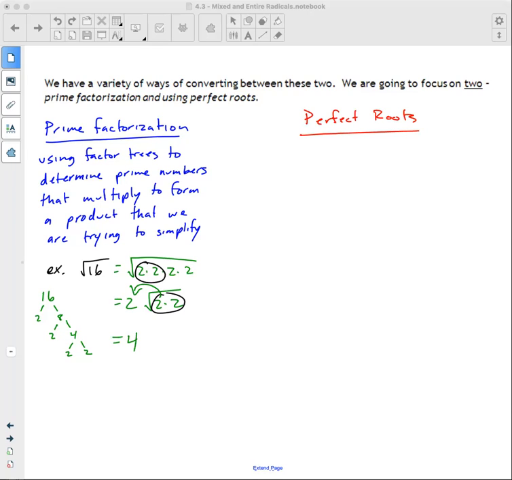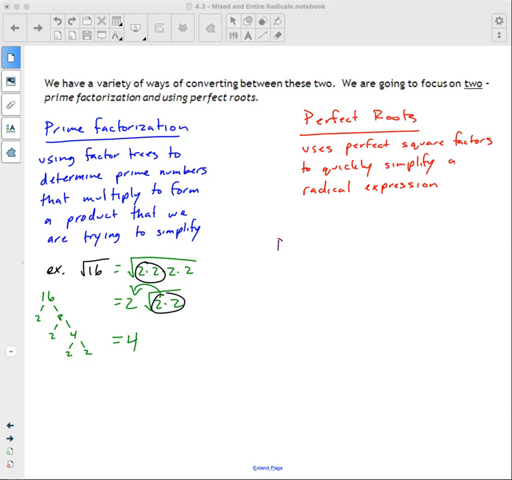So this uses perfect square factors to quickly simplify a radical expression. This takes a little bit of remembering, or a little bit of knowledge of what our perfect squares and our perfect cubes are.